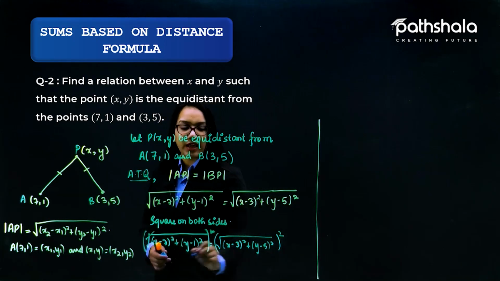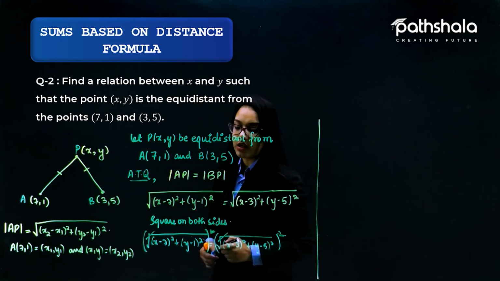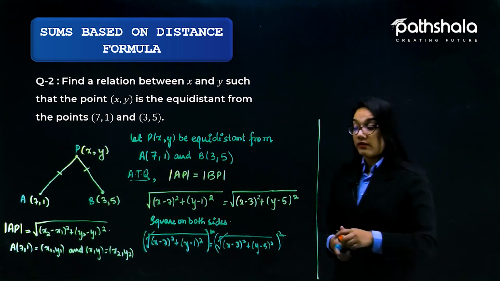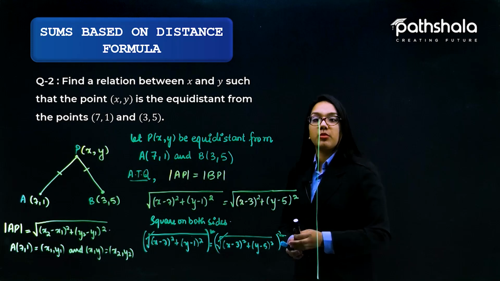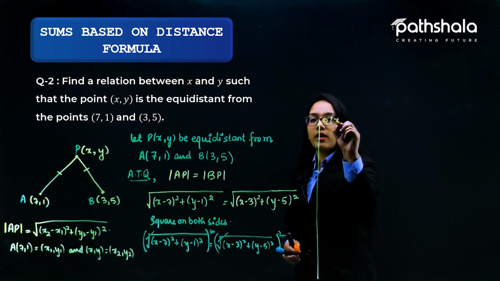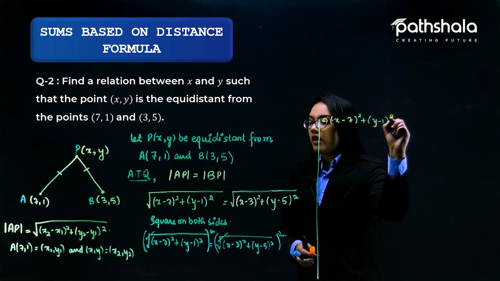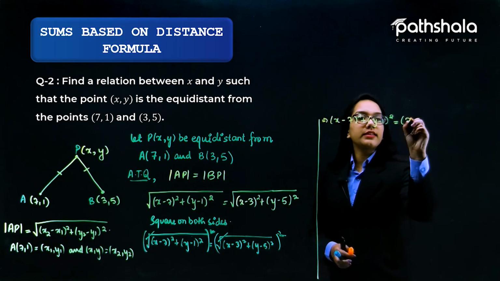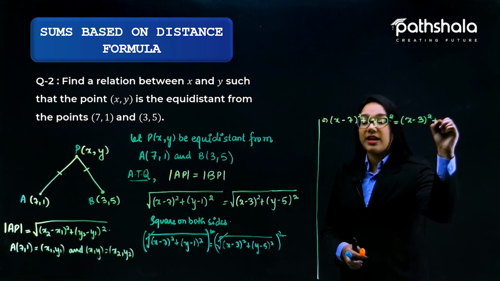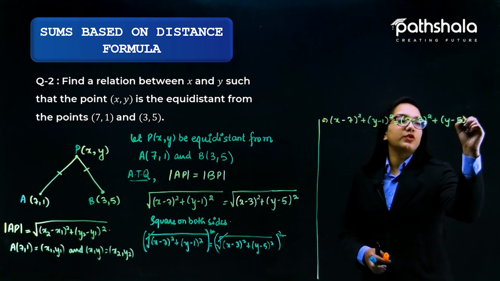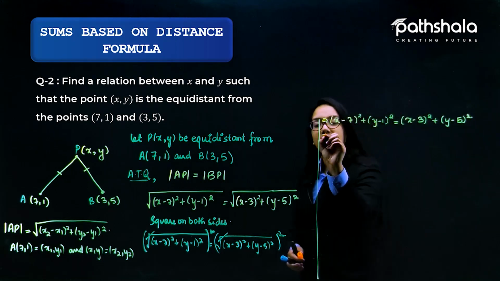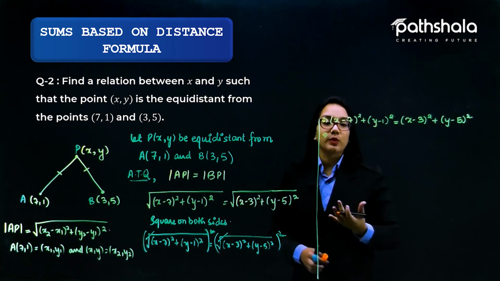Square and square root get cancelled. The only thing we have right now is (x minus 7) whole square plus (y minus 1) whole square, which is equal to (x minus 3) whole square plus (y minus 5) whole square.